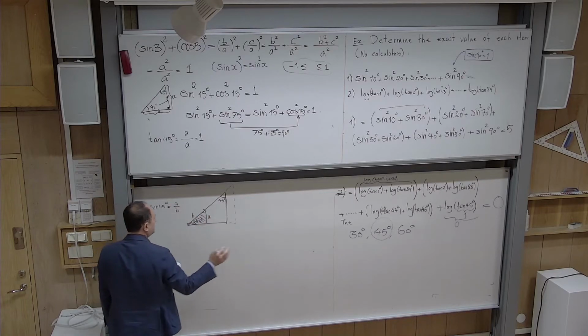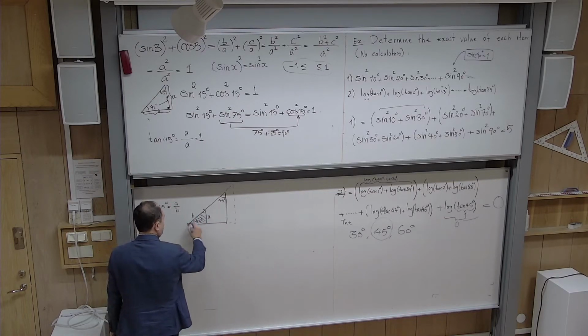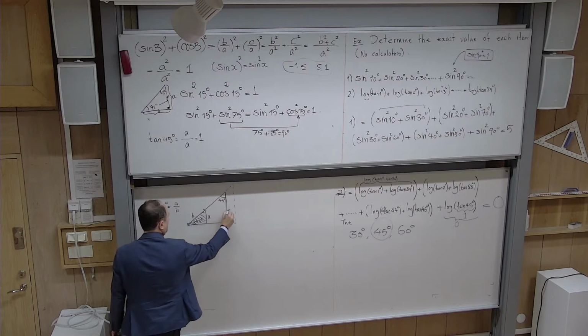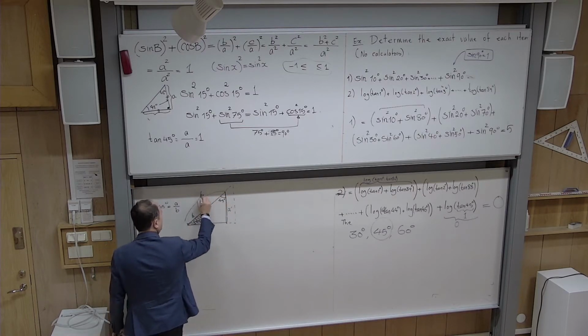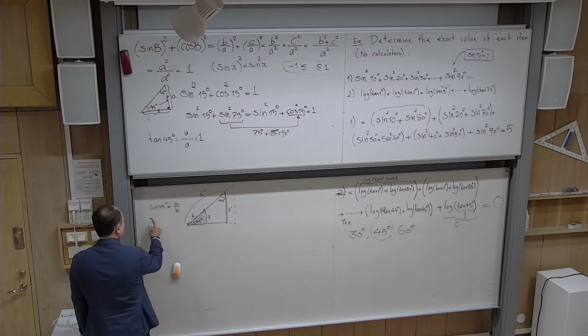For example, your friend or someone else will take the bigger triangle. Let me call this one A prime. And then that person will have to take this one as B prime. And that person calculated sine of 45 degrees to be A prime over B prime.